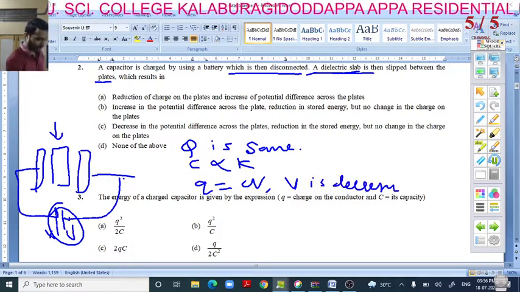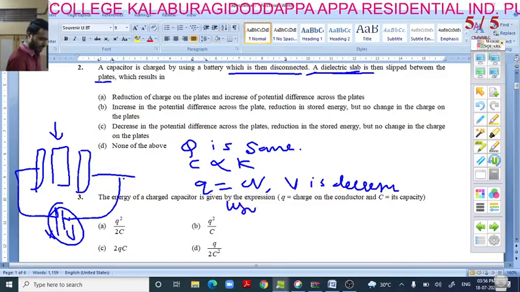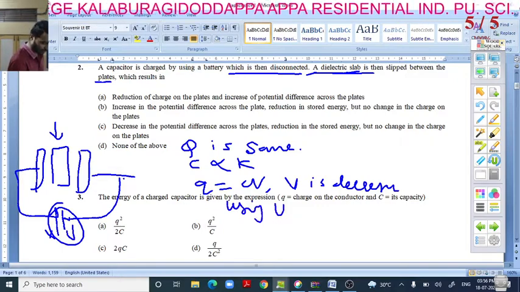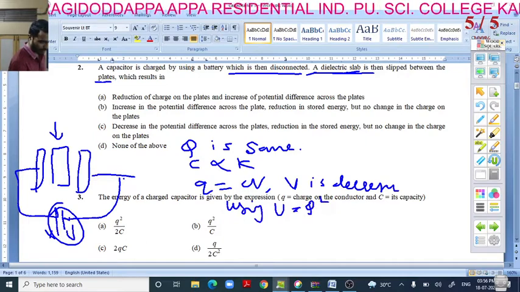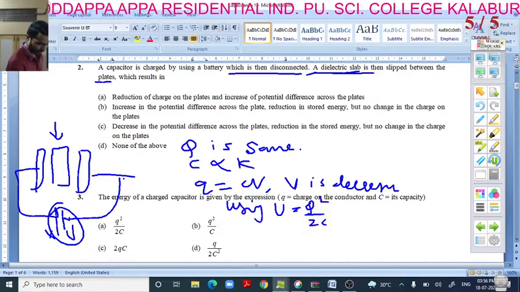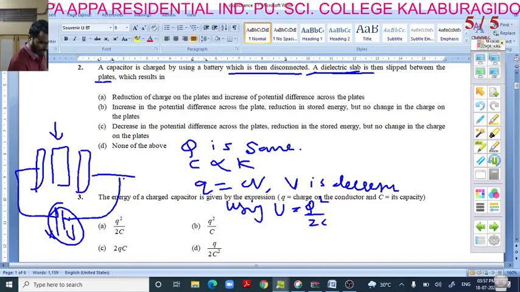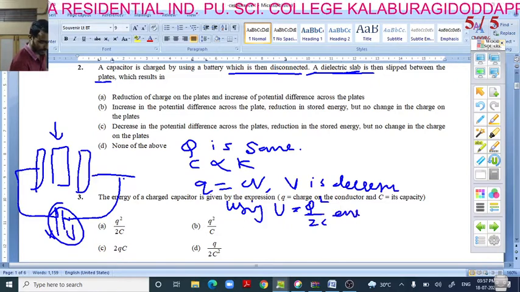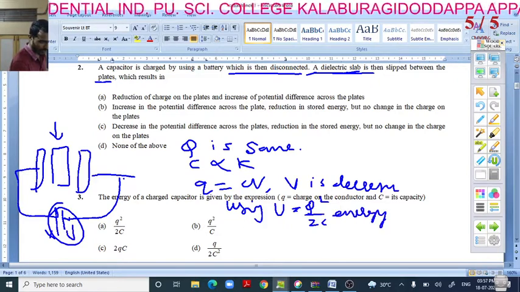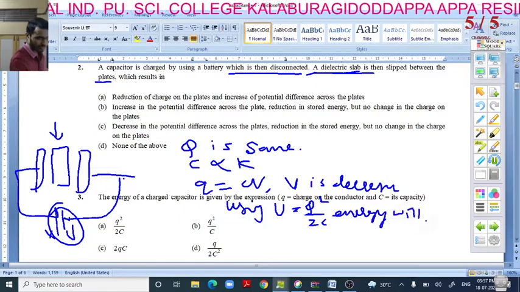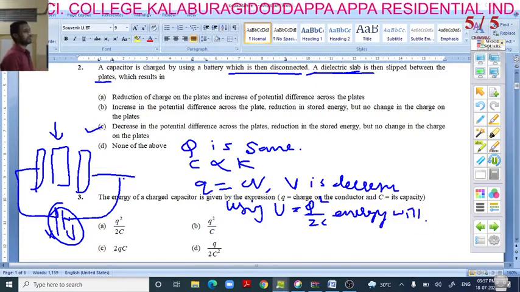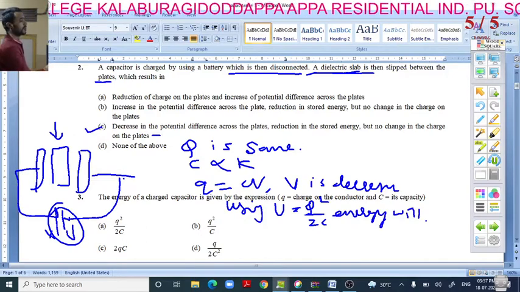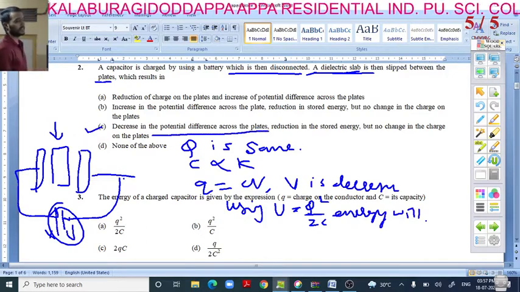At the same time, using the energy formula, we know that energy is equal to Q square by 2C. Here energy will decrease. Right? So our option is the third option: decrease in the potential difference across the plates.